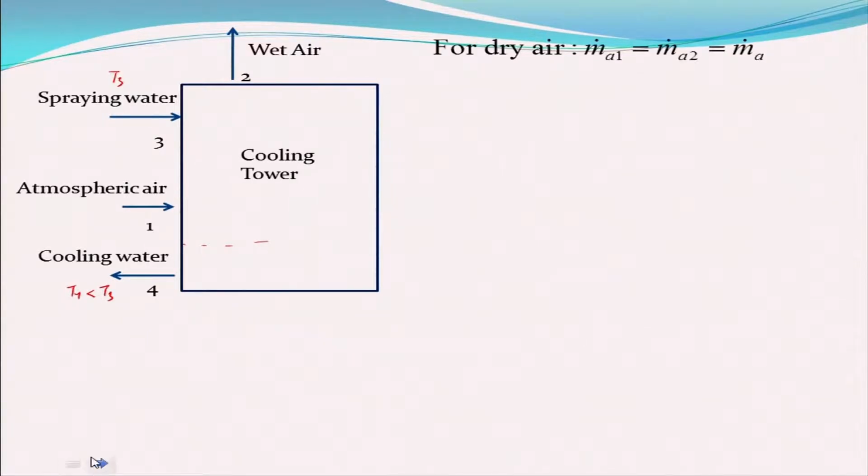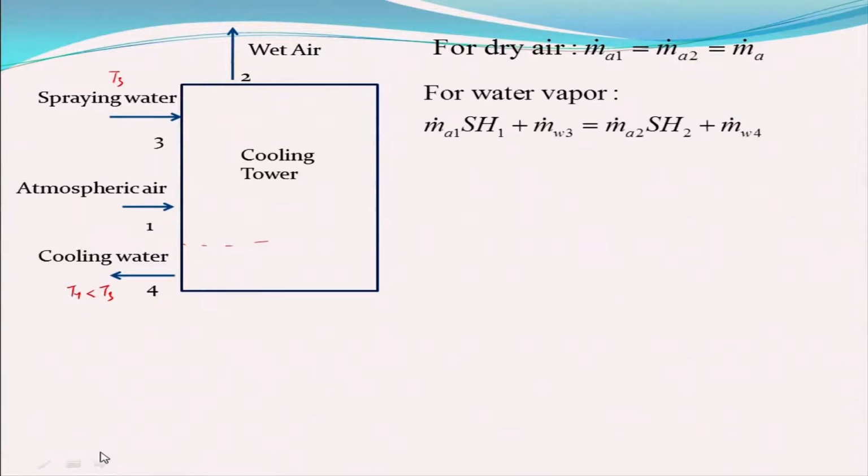So if you look at what we will do, we will do the mass balance for the dry air, that is, mass flow rate of air at station 1 is equal to mass flow rate of air at station 2, which is equal to the mass flow rate of air. And we will do the water vapor balance.